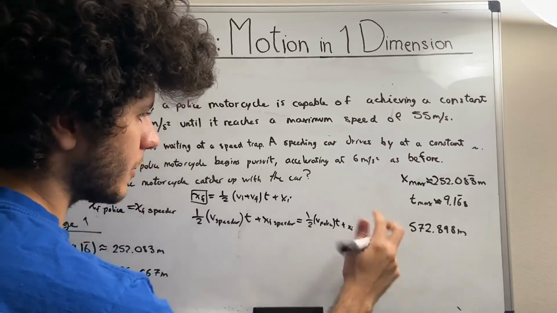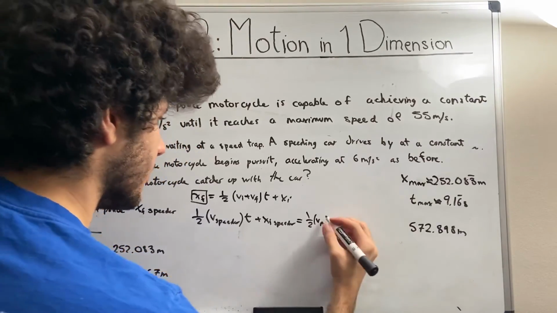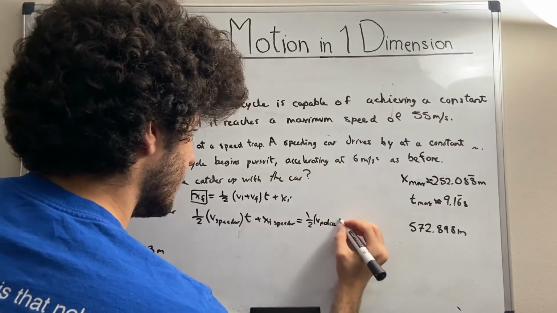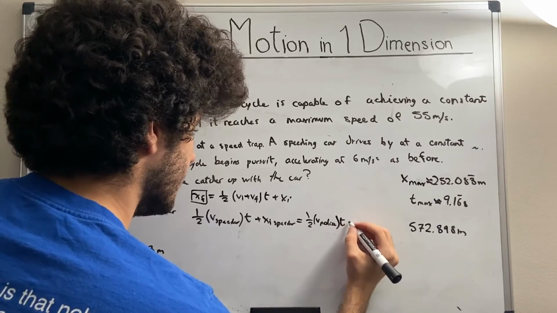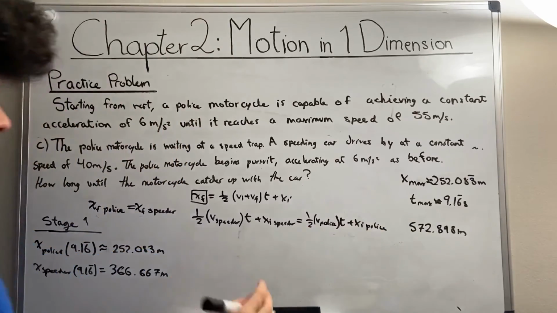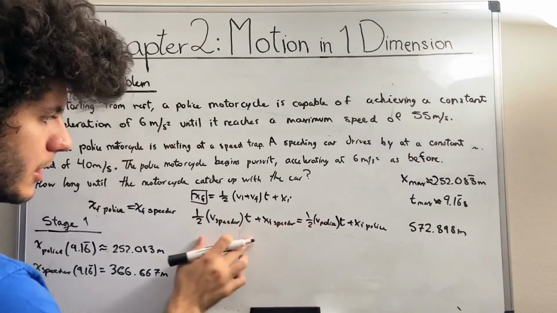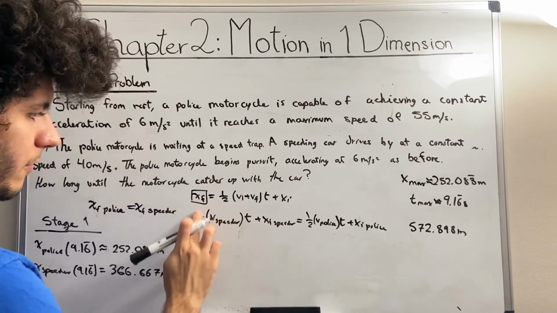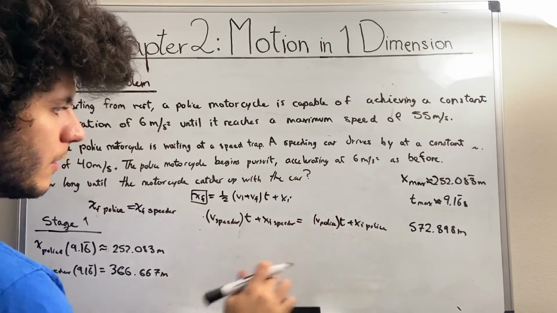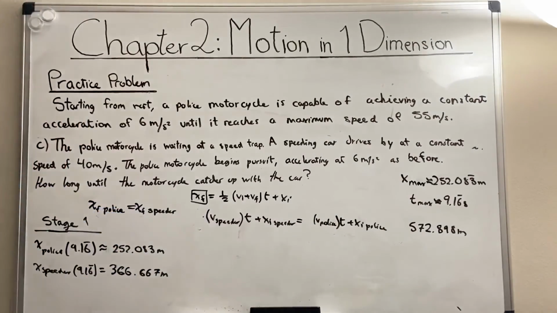I'm just going to erase that for the sake of space to make sure that you guys can see. V of police times T plus XI police, right? We set those equal to each other, and now we can actually multiply both sides by 2, and we get rid of fractions.